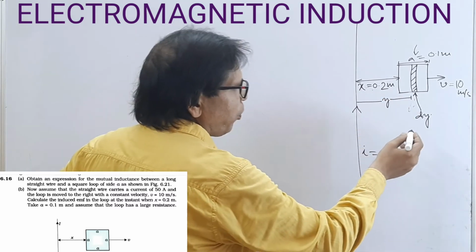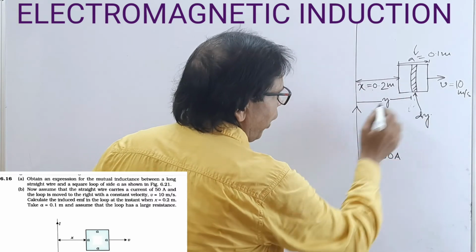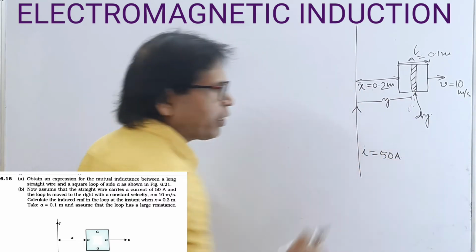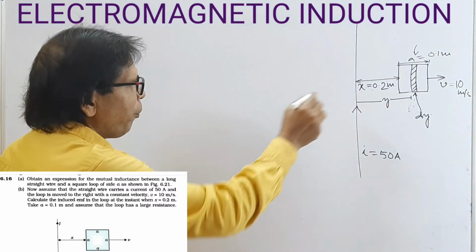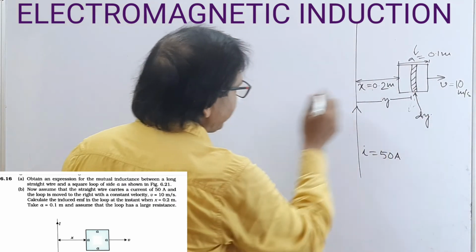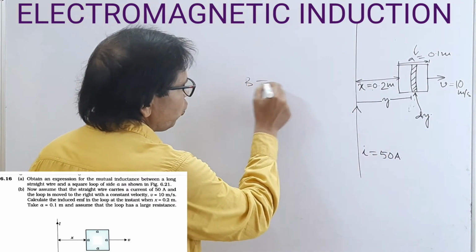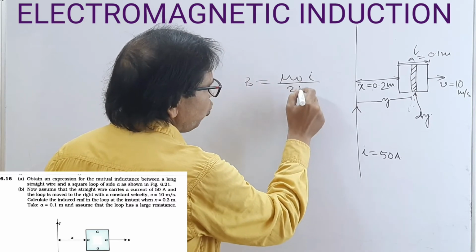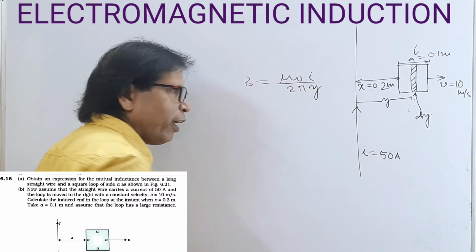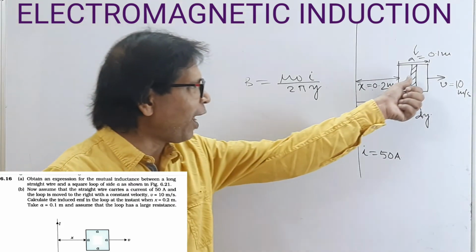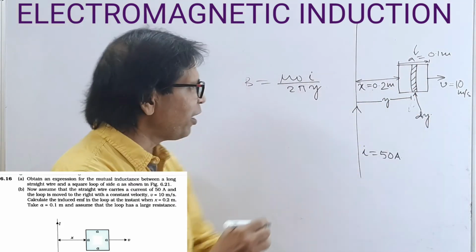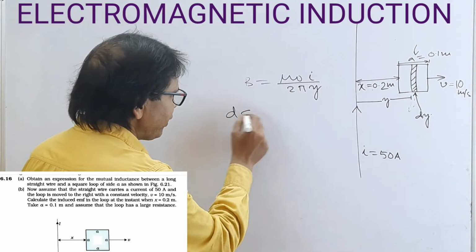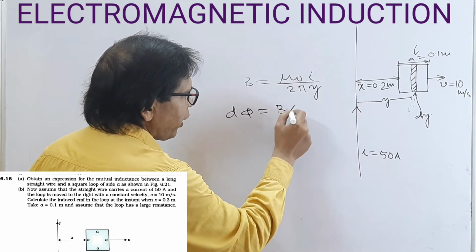Suppose a strip of width dy at a distance y from the straight conductor. Now the magnetic field at a distance y, B equals mu naught I divided by 2 pi y. So the flux in this coil, d phi, equals B into A.